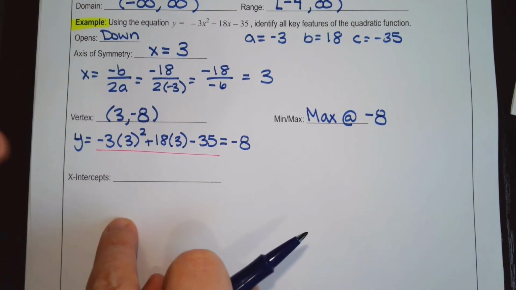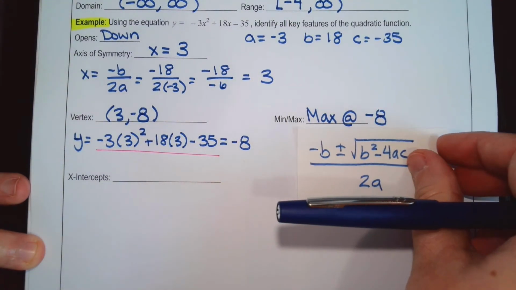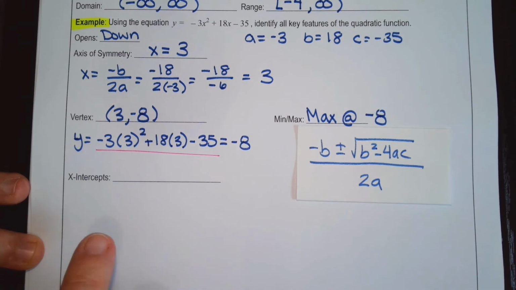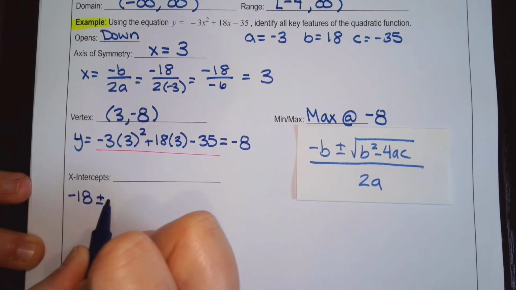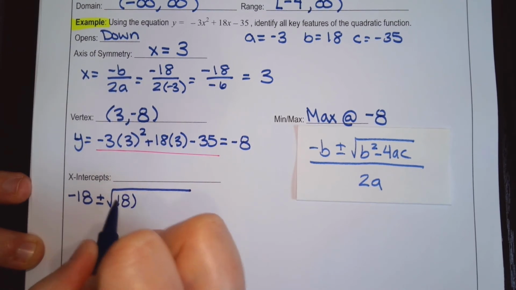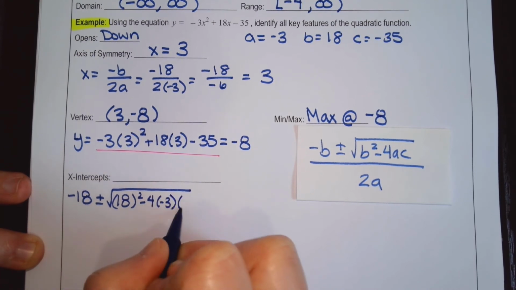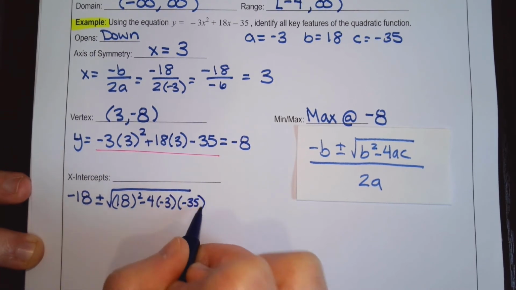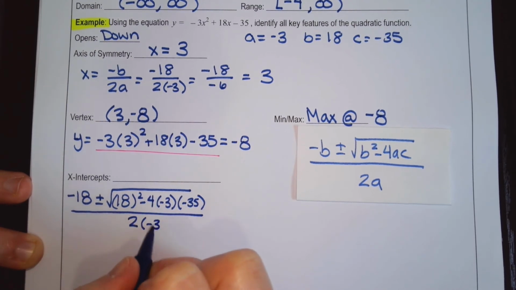All right, now time for our x-intercepts. We bring back the quadratic formula. So we have -18 plus or minus the square root of 18 squared minus 4 times -3 times -35 all over 2 times -3.